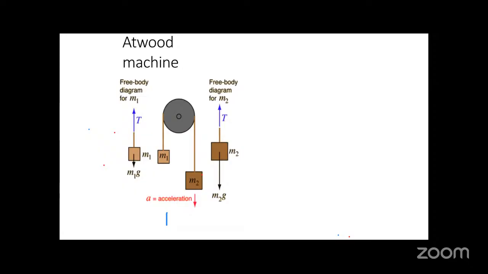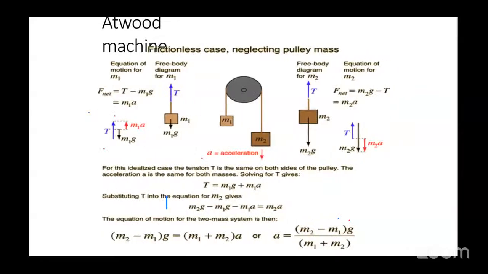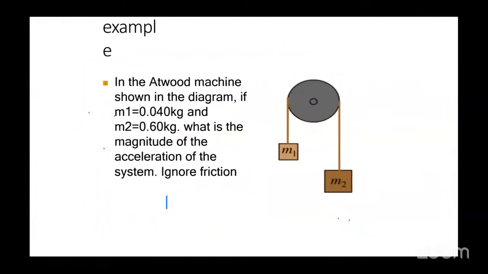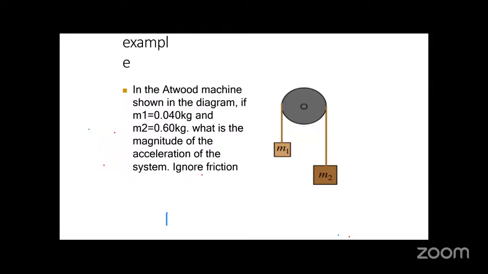So let's move on to an example here. In the Atwood machine shown in the diagram, M1 is 0.40 kg, and M2 is 0.60 kg.